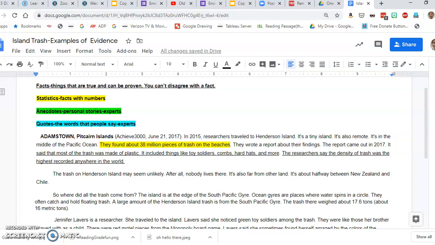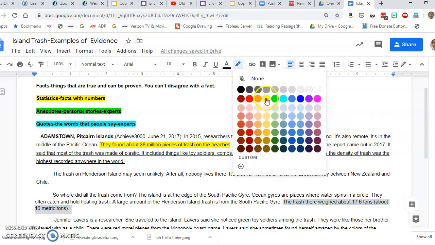They often catch and hold floating trash. A large amount of the Henderson Island trash is from the South Pacific Gyre. The trash there weighed about 17.6 tons. All right, that is a fact with a number, so that's a statistic. So we're going to highlight that again in yellow.